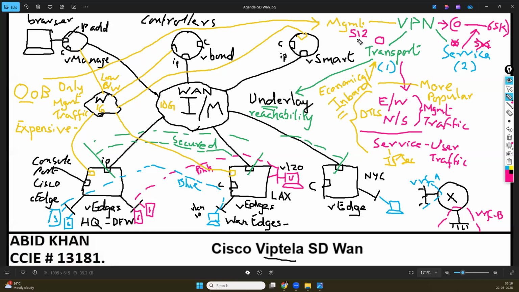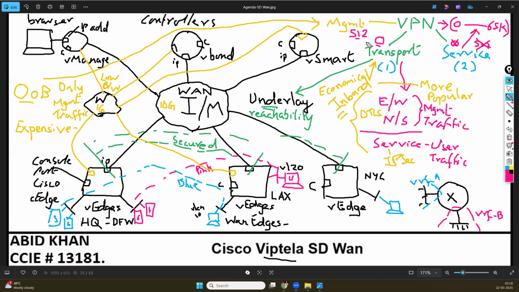Only two numbers are available because there are only two possibilities, in-band management or out-of-band management. If it is in-band management, then you don't require a separate management VPN. If it is out-of-band management, then transport VPN is there and management VPN also will be there.